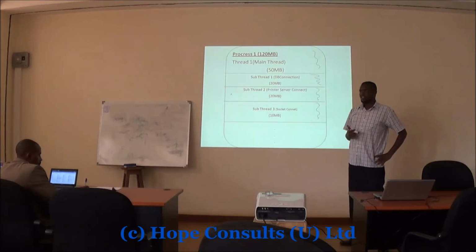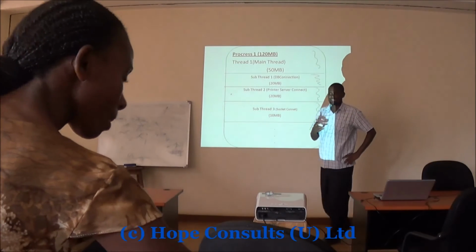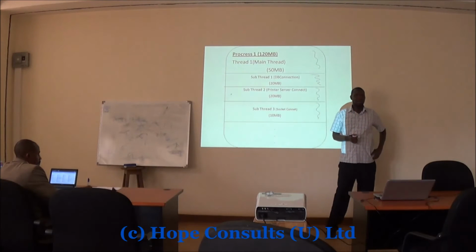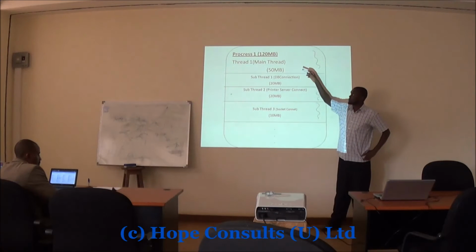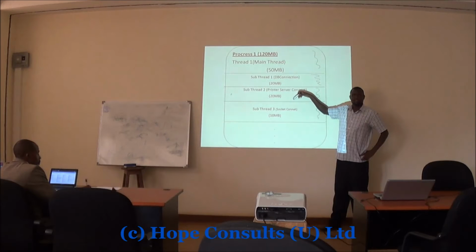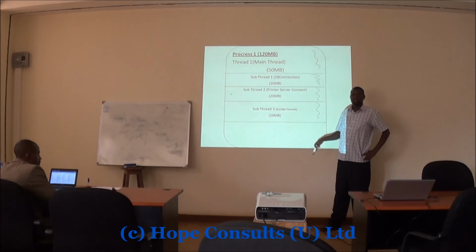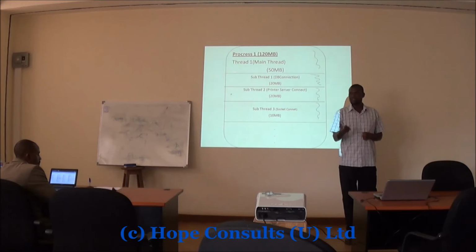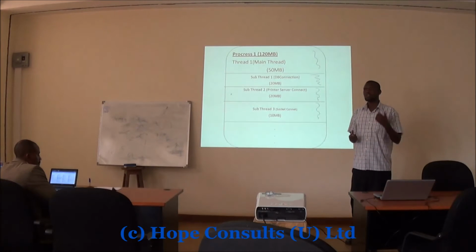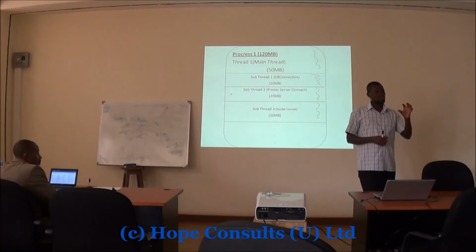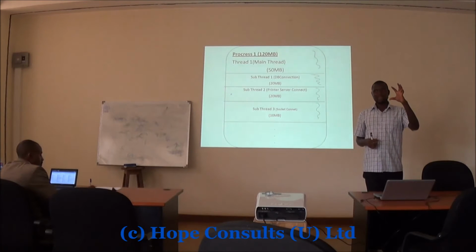And that comes with the issue of concurrency. How do we make sure that that variable is not accessed simultaneously by all the threads? Because one thread might want to modify the value, another thread might want to read the value. So how do you make sure that the access of that variable is synchronized?